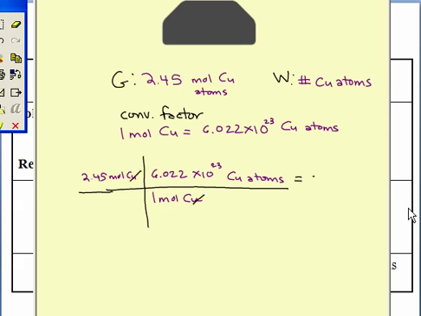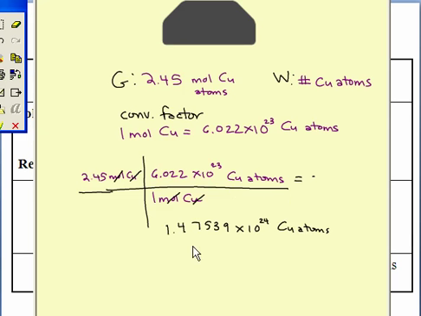Okay, so my calculator, see I'm running out of room here, let me write it down here, tells me 1.47539 times 10 to the 24th copper atoms. And my moles canceled out, and the units I'm left with are copper atoms.